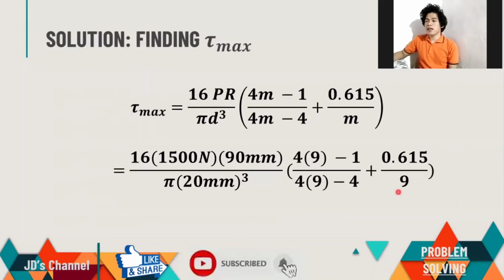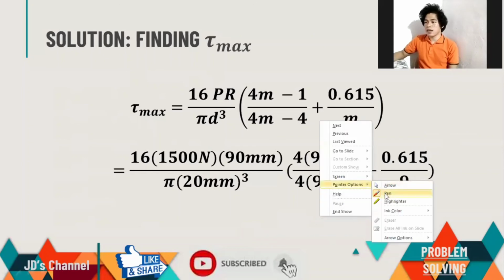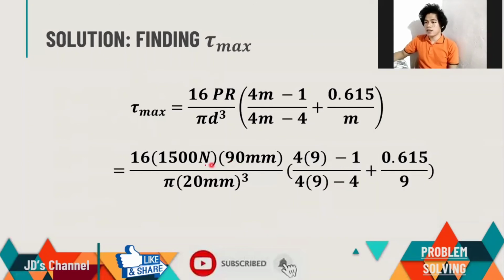So finding the maximum shear stress, we substitute our values. So, 16 times your force, which is 1,500 newton, times our radius, that is 90 mm, over pi times 20 mm raised to 3.